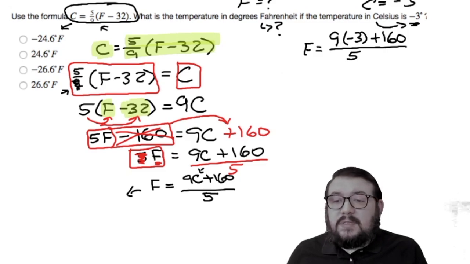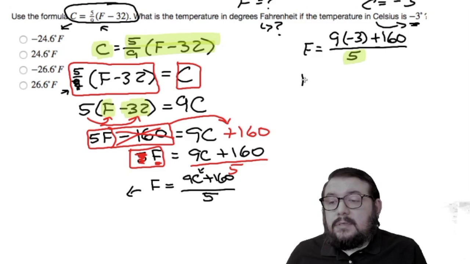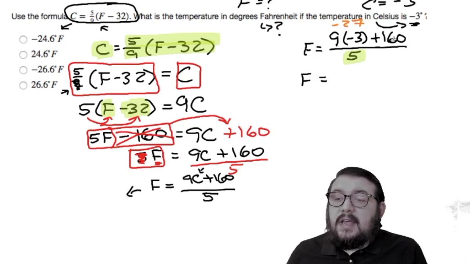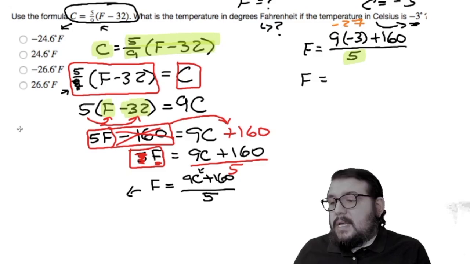Just like in the previous problem, we're going to go ahead and forget about that 5 on the bottom for now. Just work on the numerator first. A positive and a negative makes a negative, and 9 times 3 is 27. And now I've got -27 plus 160. If signs are different, you just keep the sign for the bigger answer.